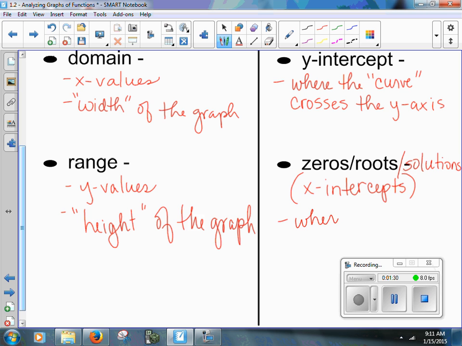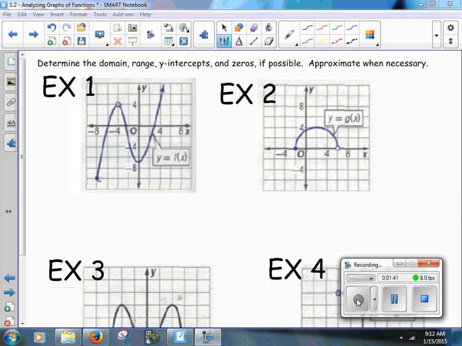And it's where the curve crosses the x-axis. Okay, watch the video and write them down.